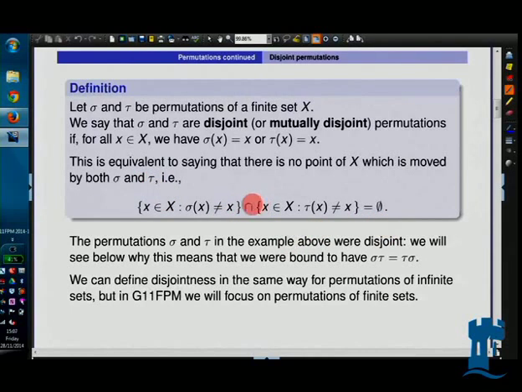There's no overlap at all between what you might think of as the support, though I'm not sure if that's the right term. I have to look up the name for that set. Anyway, those permutations we had before were disjoint. And we're going to see in a bit that this always means that it doesn't matter which order you multiply them, you get the same answer. And yes, you can do it for infinite sets, but we're not very interested in permutations of infinite sets in this module.